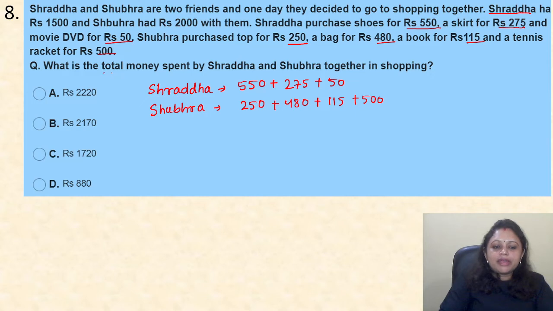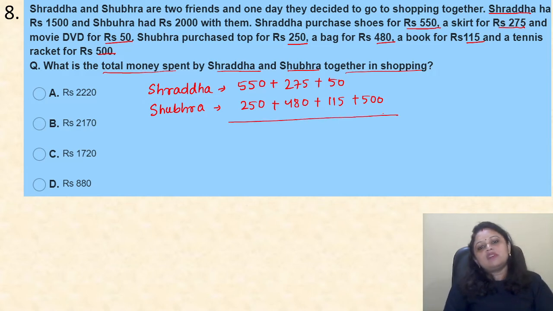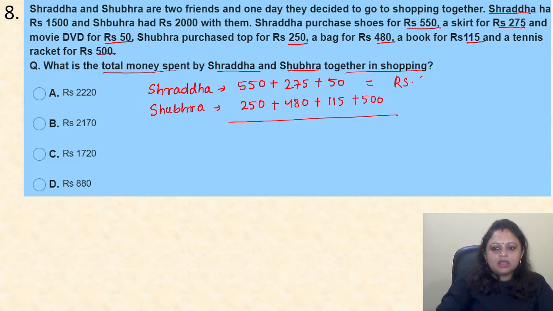And we have to find the total money spent by Shraddha and Subhra together in shopping. So we have to add all of them. When we add all of them, for Shraddha it is rupees 875 and for Subhra it is rupees 1345.